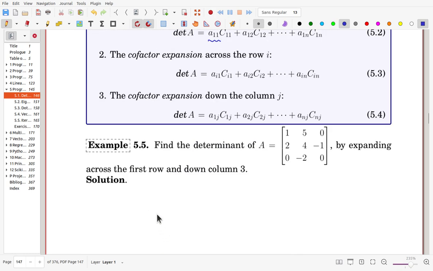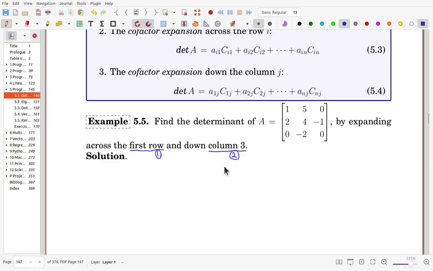Okay. Now find the determinant of A given in this way by expanding across the first row and down column 3. That is the first task, and the second task for the example.